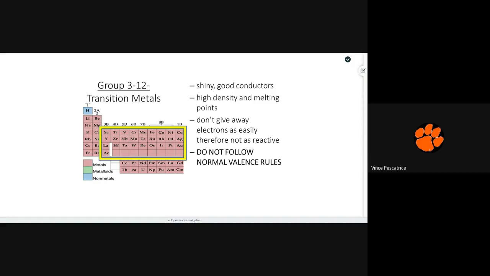The metals do their bonding from inner layers, so they don't use their outermost valence electron layer to do their bonding, which is strange for elements, so they're not as reactive. But that allows them to share electrons back and forth, which is why they're very, very good at conducting electricity. So that would be something you can write here.